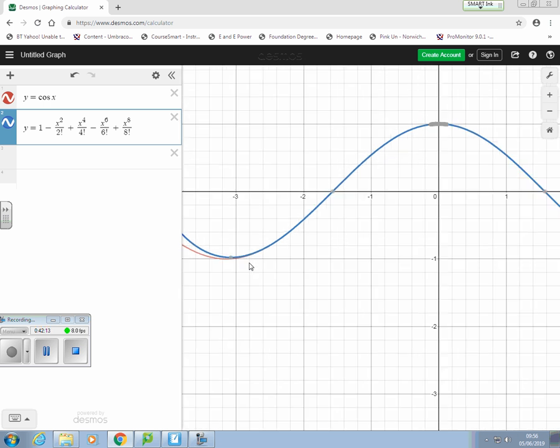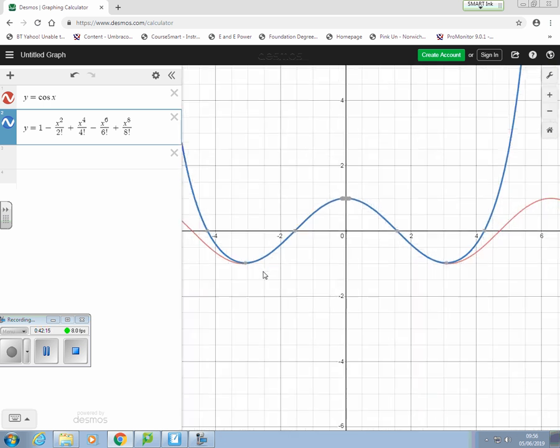So although we can quite happily carry out calculus on the cosine function, it does demonstrate that with a more complex function, you might not be able to integrate or differentiate. You could estimate it with the Maclaurin series. But you can see how the estimate centers around x is equal to 0.